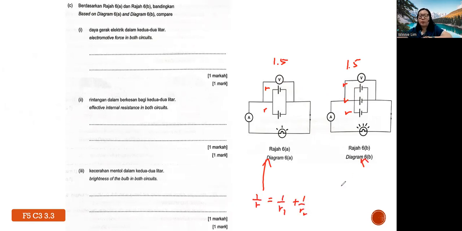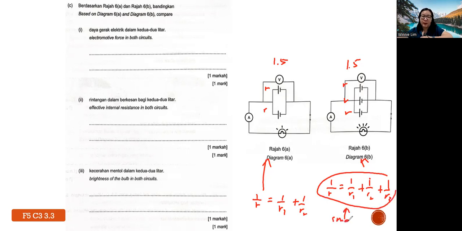Okay, and this one will be 1 over R equals 1 over R1 plus 1 over R2 plus 1 over R3. Yeah, if you were to calculate later on, you need to calculate on the next part. You will, of course, notice since you have this fraction of 1 over, this one will be smaller. Okay, so hence the internal resistance in 6B is smaller or vice versa.